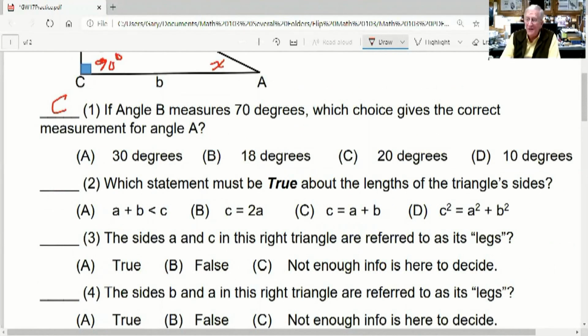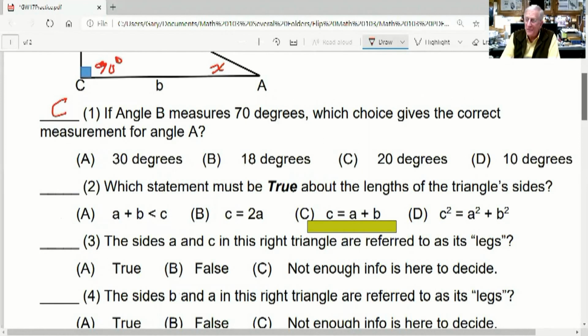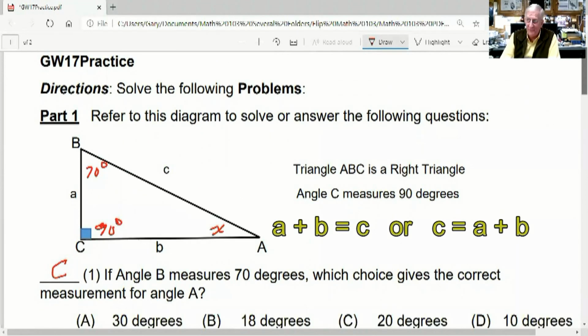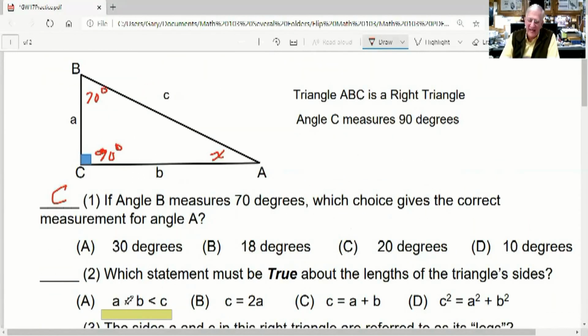If I added the length of A to the length of B, would it add up to the length of C? You can tell just by looking at that figure that would never happen. So that's not going to work. Now, let me go back to A. I think it says A plus B is less than C. Well, I don't think so. A and B added together would be greater than length C, so A plus B can't be less than C. So it can't be A, B, or C.